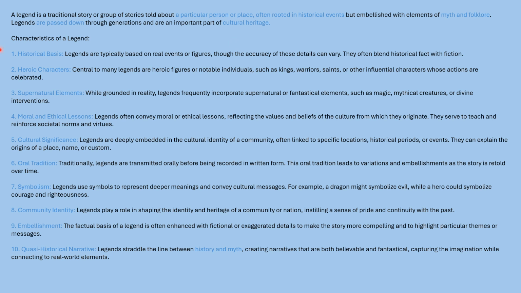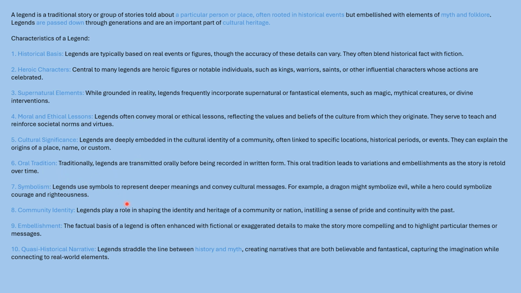So let's think of legend as a way of telling history in an exciting way. Okay, it always has a big hero. It has villains as well, bad characters, but there's a very strong hero that does justice or good. There are also supernatural elements. There are also lessons. Of course, there's a cultural significance. Of course, it was passed down orally.